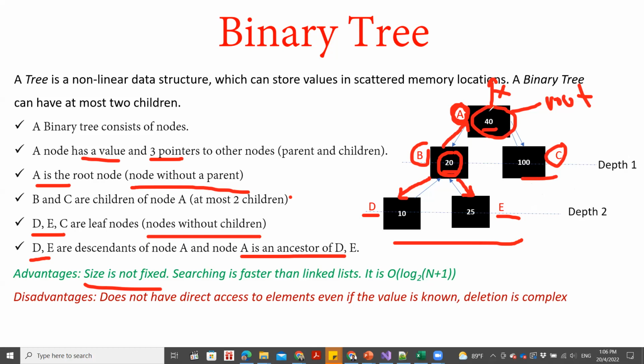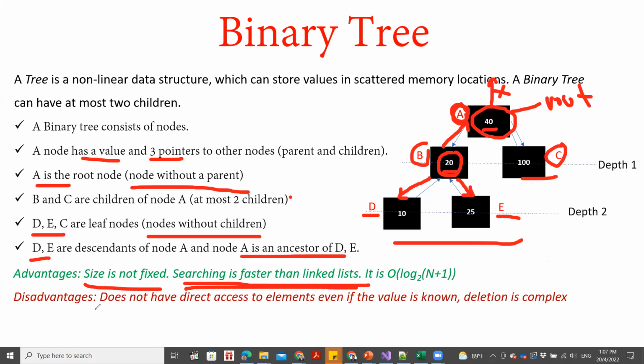So starting from root, it will go down. So searching is faster than linked list. Okay. Can someone tell me how this is possible? Okay, before going into this, actually, this is an advantage of binary search tree that we will learn in the next slide. I'll explain how this advantage comes about there.